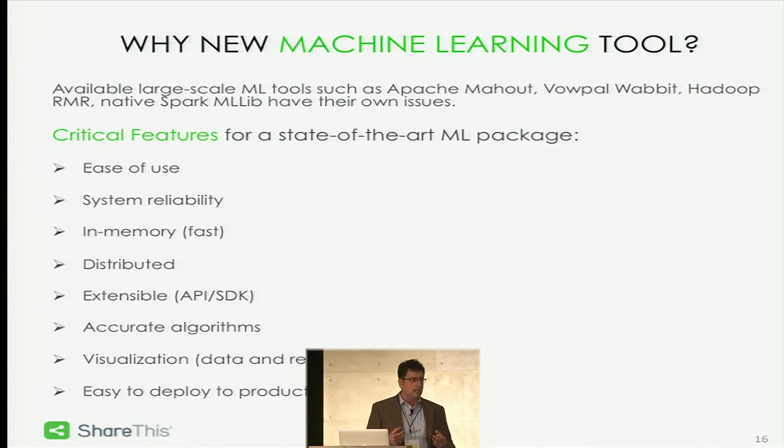What I see as critical features for a state-of-the-art machine learning algorithm is that at least it has to be easy to use, reliable, in memory, fast, distributed, an accurate algorithm, and you can visualize the data and the result. And also, most importantly, easy to deploy to production.